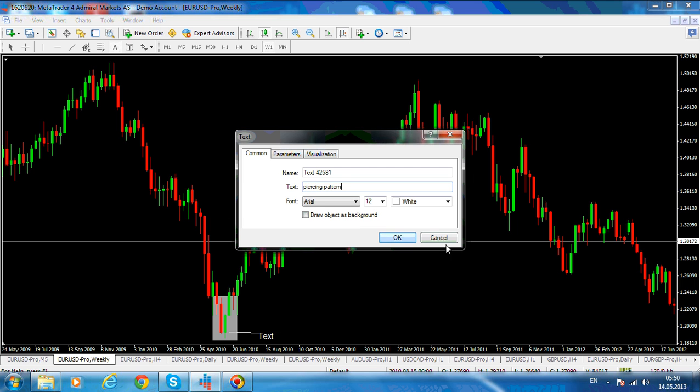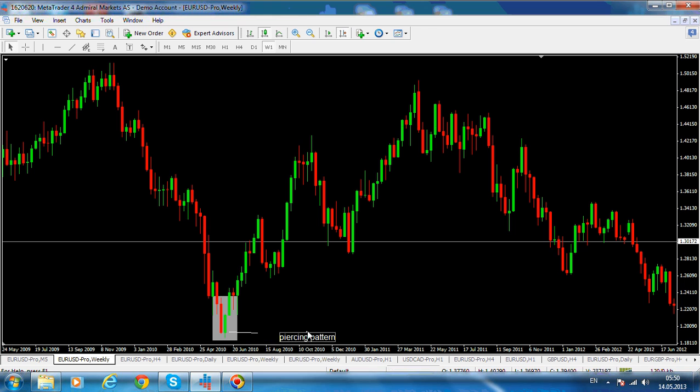This piercing pattern is formed once again by two candles, one red and one green. The green candle's real body goes deep into the territory of the previous red candle, ideally higher than 50%. If this would have been lower than 50%, it would have been advisable to wait for confirmation, which means waiting for the close of the next candle.